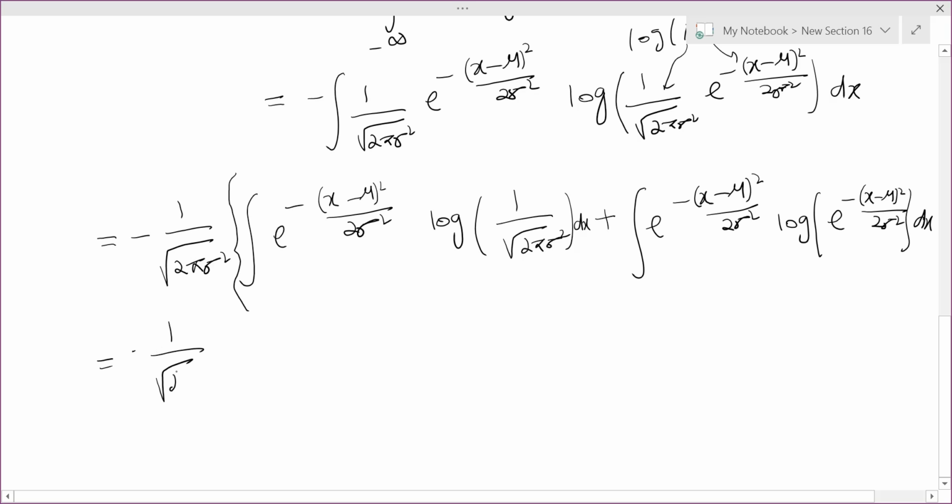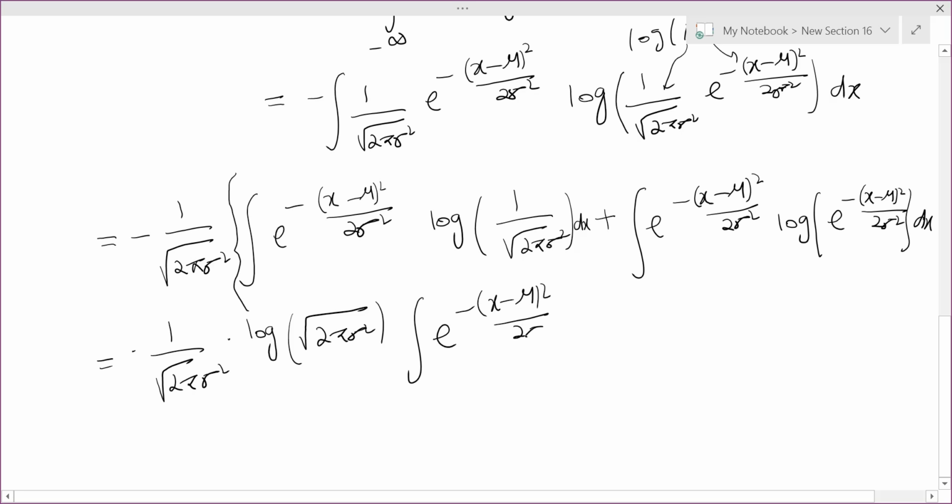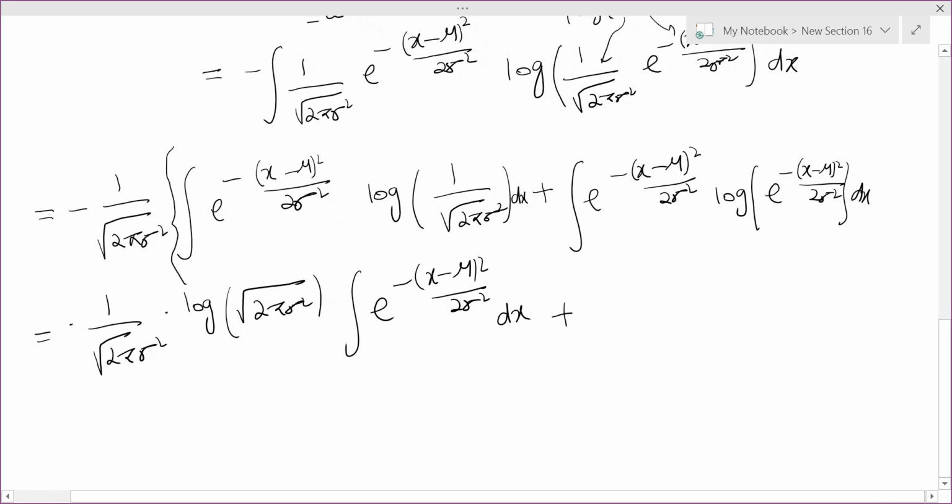So 1 over root 2 pi sigma square, then times log of root 2 pi sigma square integral e to the power minus x minus mu square divided by 2 sigma square dx. You have to be very careful in evaluating this. If you do it blindly, you will get stuck. There will be a lot of mess. I will just try to combine some terms in a way so that they become very well-known integrals.